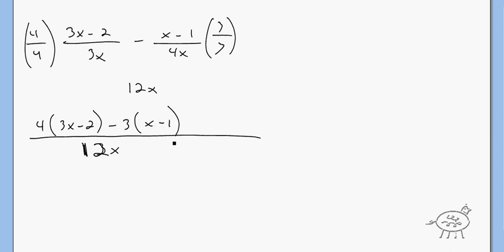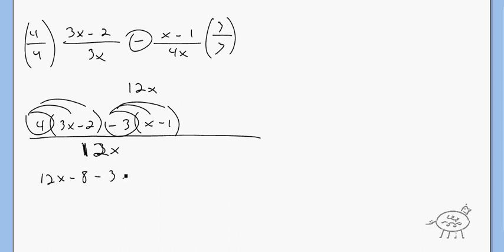If you write it out that way, you're less likely to make a mistake, because you have to not only distribute, but you also have a negative here. So it's really a negative 3 that you're distributing and a positive 4 that you're distributing. So I really get 12x minus 8 minus 3x plus 3 over 12x.